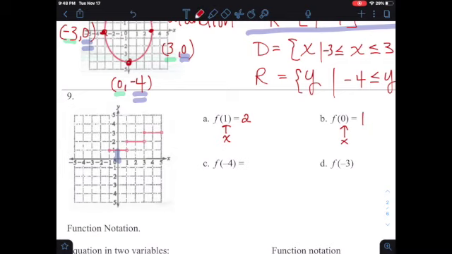Okay. Next one. If x is at -4, -4. Let's see. 1, 2, 3, 4. -4. X is at -4. Oh, I don't have anything. None.